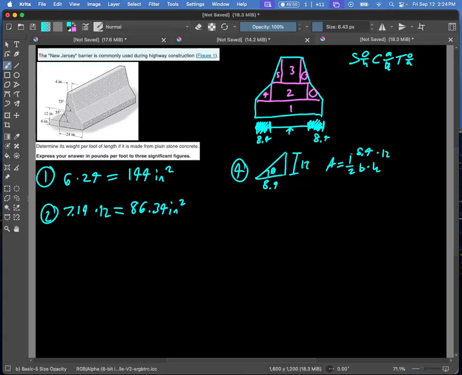So just doing this, 1/2 times our 8.4024 and then multiplying that by 12, our area equals 50.41 inches squared. Now, remember we have to do 2 times the area. So multiplying this by 2, because there are 2 triangles, we actually have 100.829 inches squared.